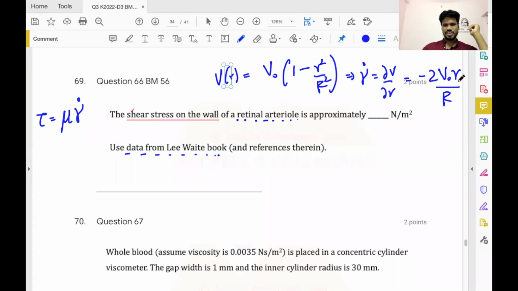That's not of importance. So this can be in terms of average velocity. V naught is 2 V average. This is r by R square evaluated at the wall. So the r will get cancelled. We are evaluating this gradient at r is R.